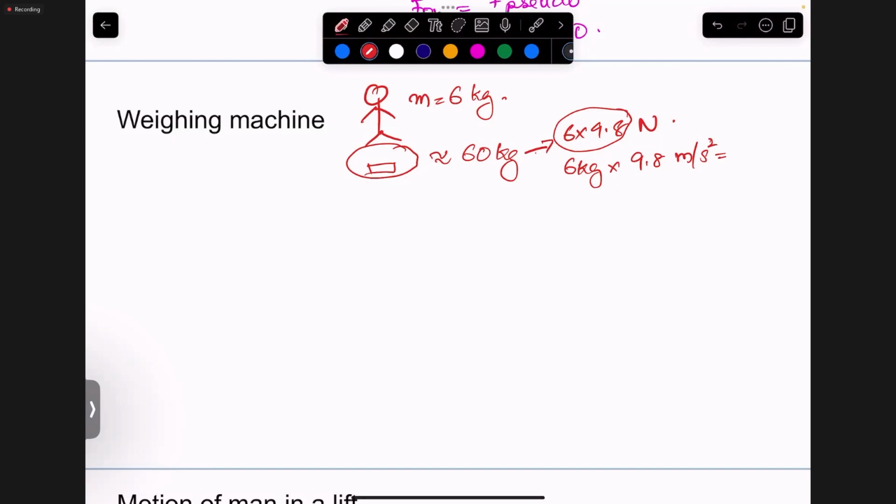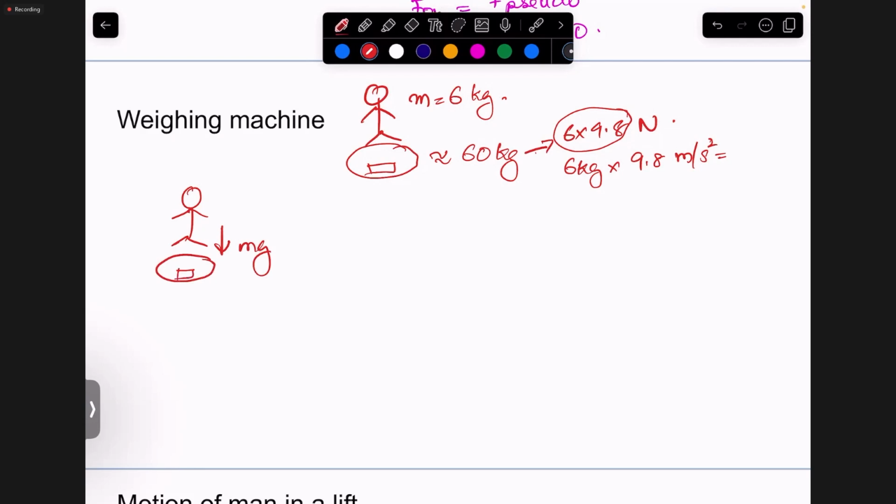Okay, so that gives the weight of the person. Second, how does it give the weight of the person? For example, this person on earth will exert mg force on this weighing machine, right?